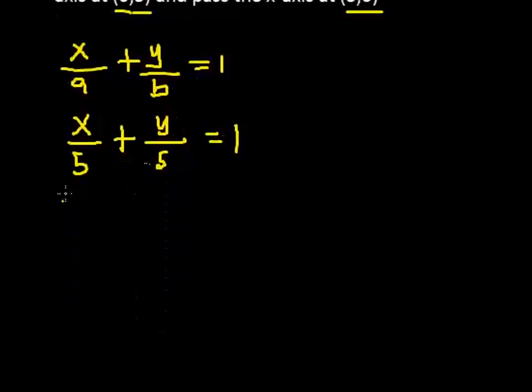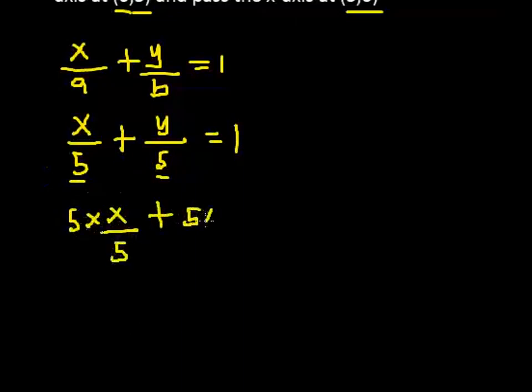Of course, you know what we do. We multiply through by the LCM of the denominators. The LCM of the denominators is 5, so that's 5 times x all over 5, plus 5 times y all over 5, is equal to 5 times 1.